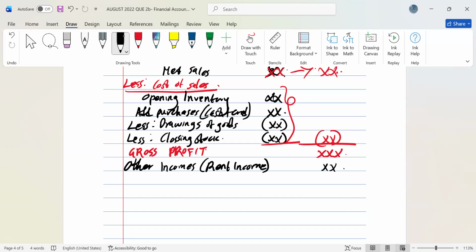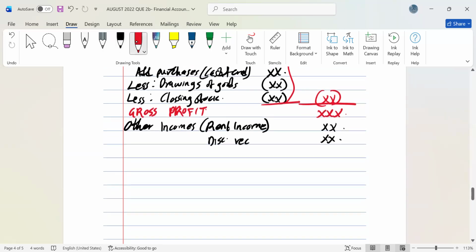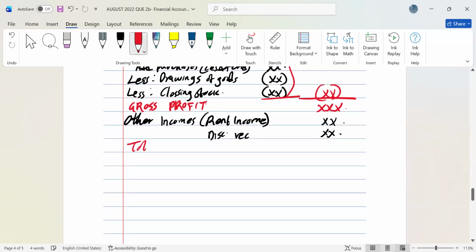Then we also have discount received, which will also be part of other incomes. So that if we add that, we are going to get total incomes.